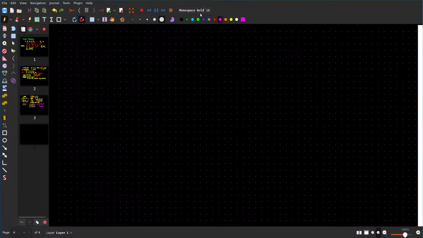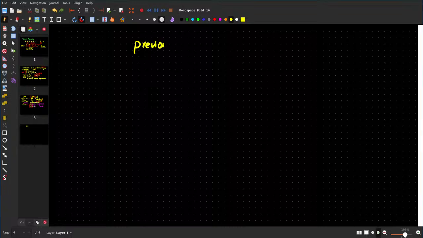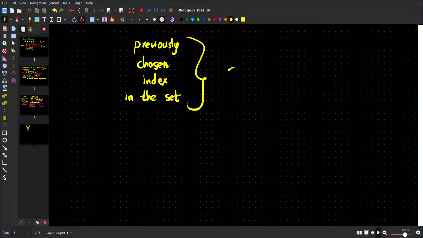So this makes sure that we only need to know the previously chosen index in the set, and only this should go in the state of the DP solution.